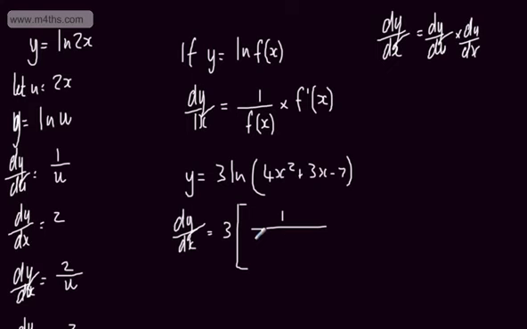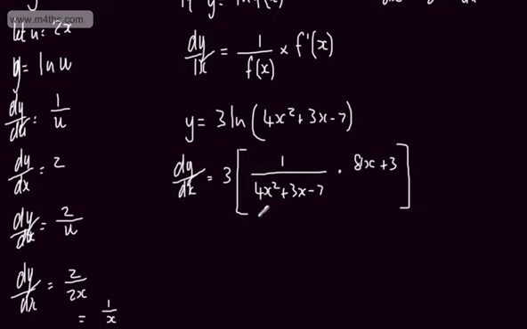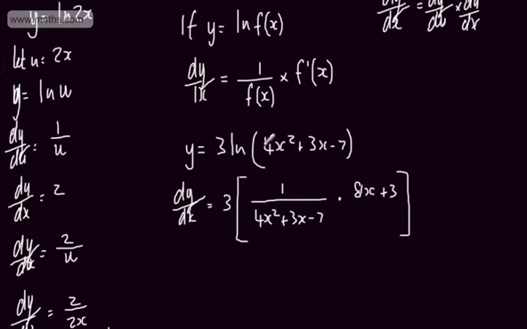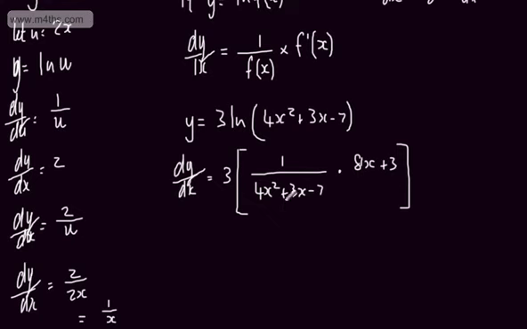This is the inside function, 4x squared plus 3x minus 7, multiplied through by the derivative of the inside function, which is going to give me 8x plus 3. So that, when we tidy it up, is going to now be our derivative. And we could look to factor these things and tidy up, but ultimately that's what it is. It's 1 over the inside function multiplied through by the derivative of the inside function.